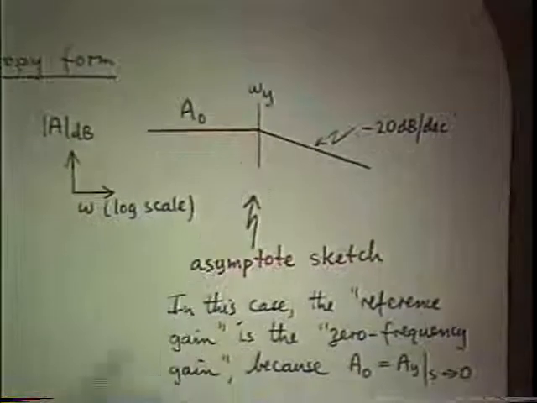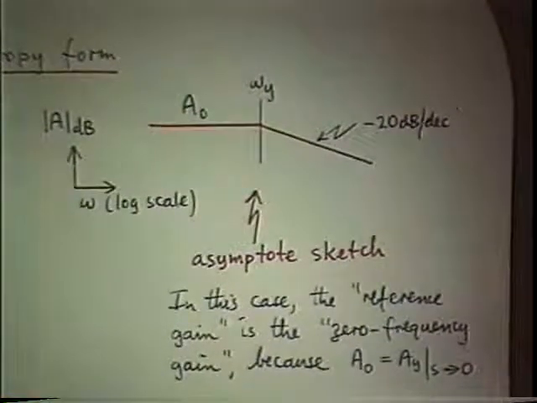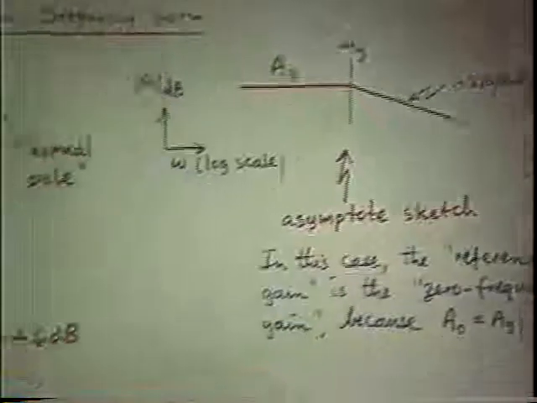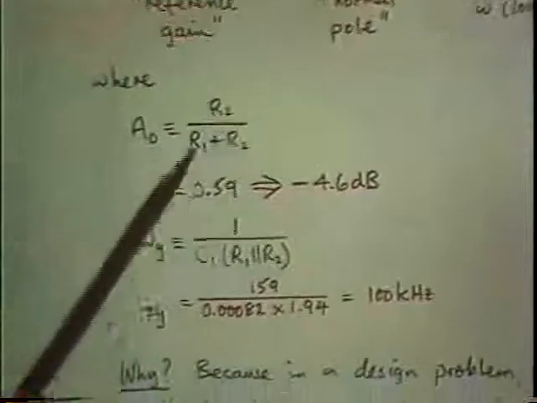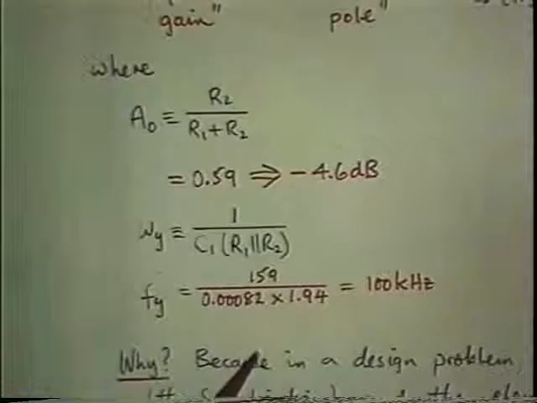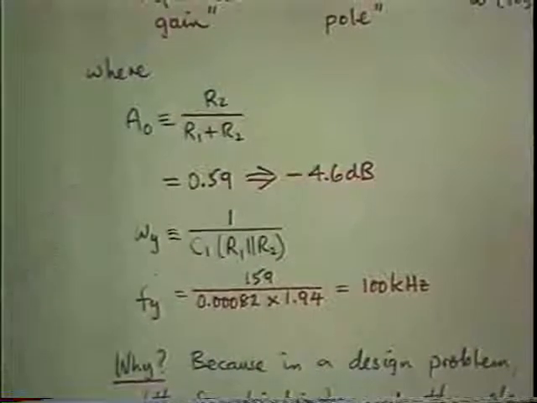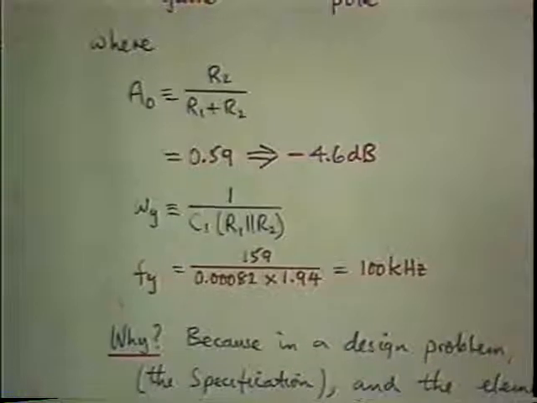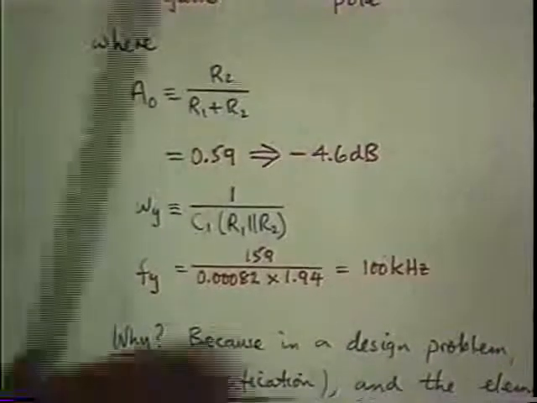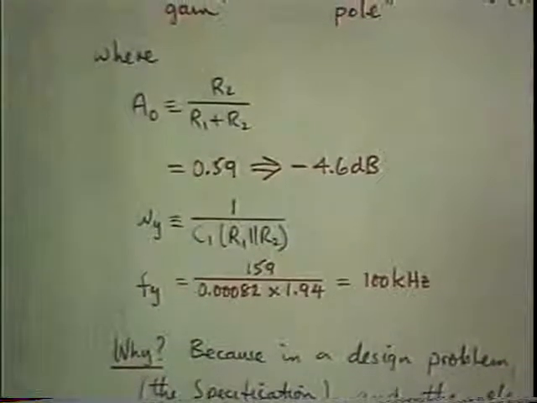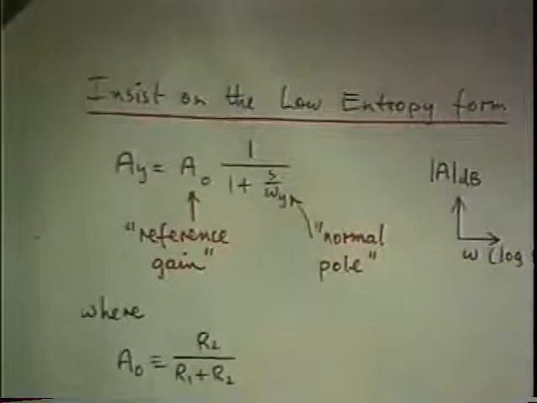In other words, these are the given quantities, and you have to decide what circuit elements will give those answers. That means you have to invert these two definitions and find the values of the resistors and the capacitor to give you those answers. So that's why this is a useful format in itself, even though this is still just a normal pole.